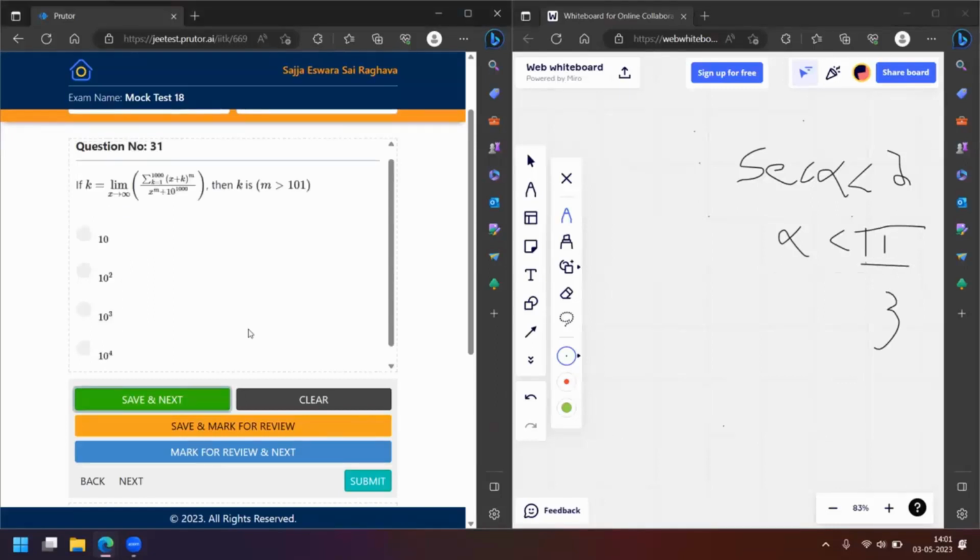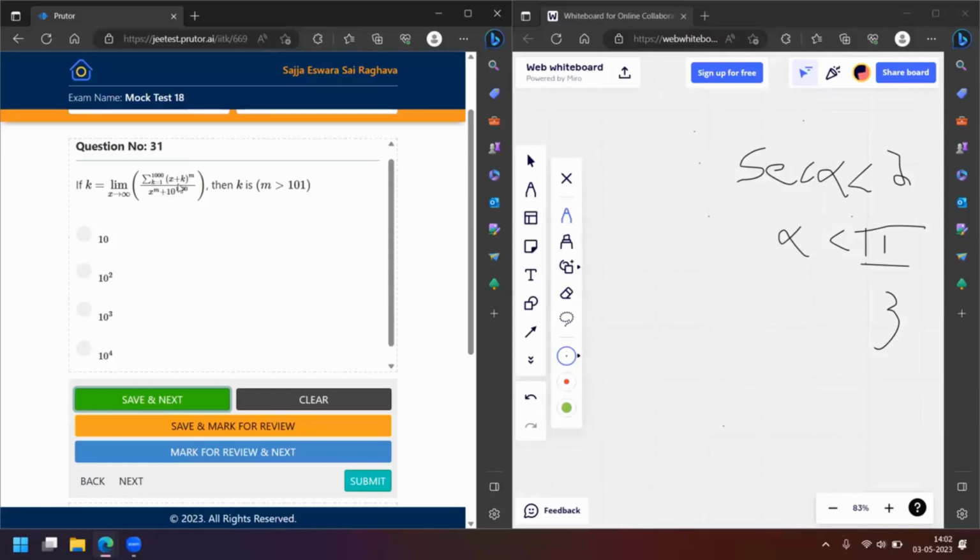If k is equal to limit of x tends to infinity. So you can easily see that this is of the form infinity by infinity. So we have to find the coefficient of the greatest power n. So in the denominator it is x power 1. Here if we expand, we will get x power n plus mc1 into x power m minus 1 into kx something.